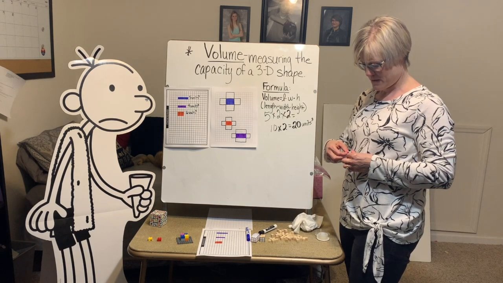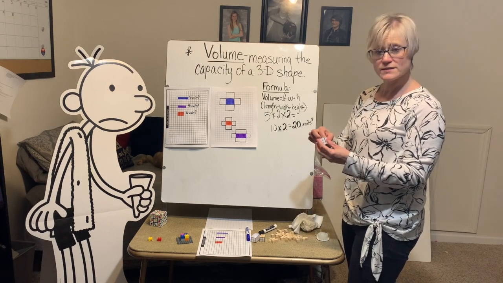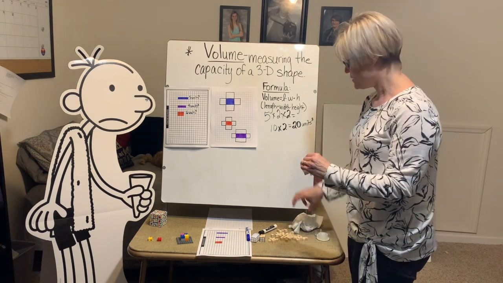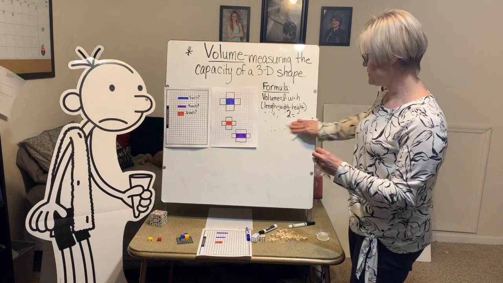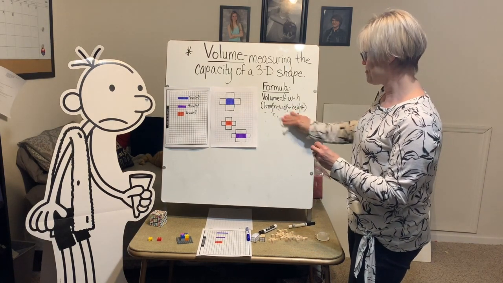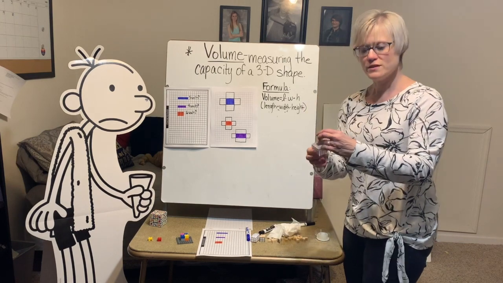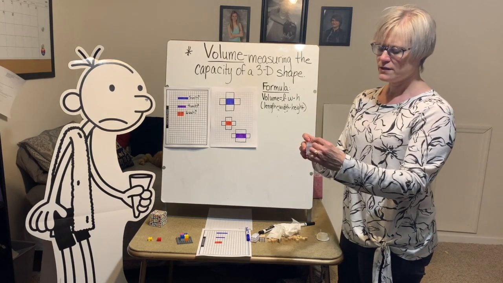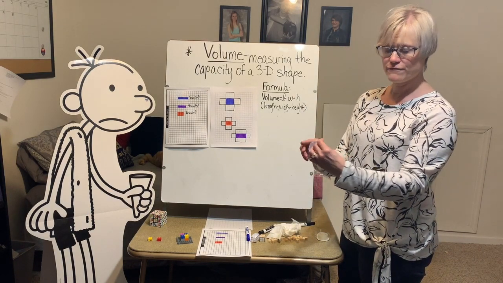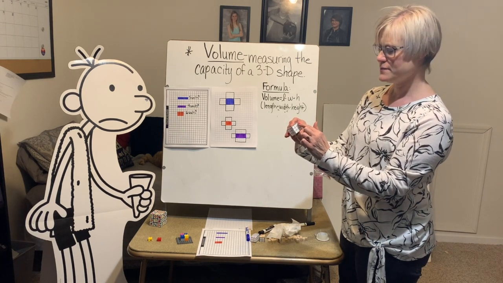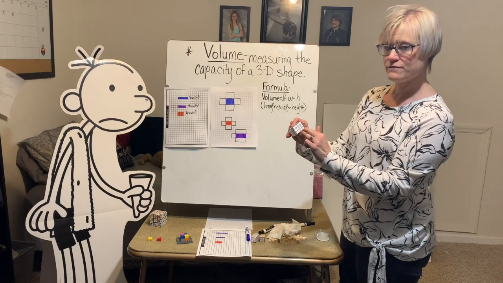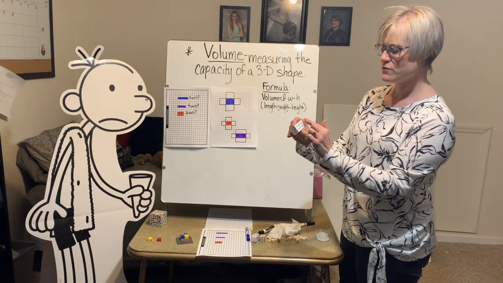All right. So now I've got to take a look at this and try to figure out the formula for this net. All right, so this net, we've got a length of 4, a height of 3, and a width of 3.